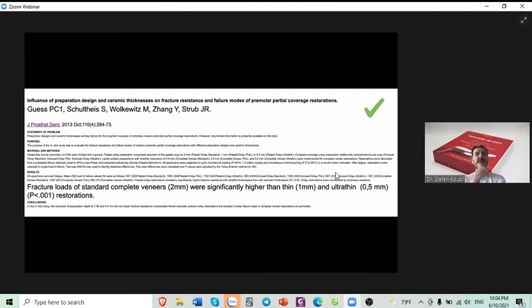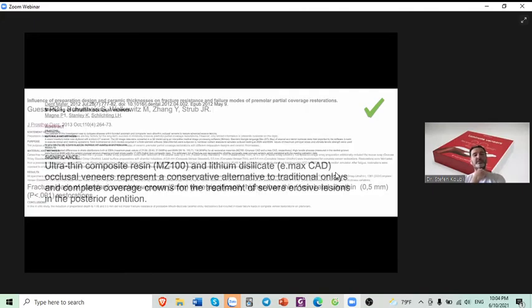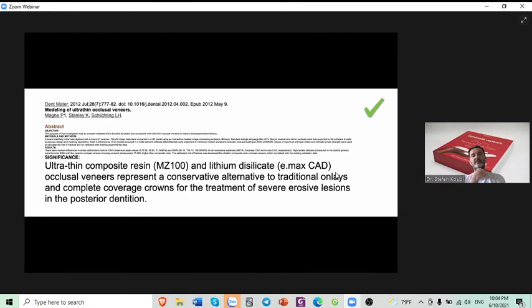And then with this article from Pascal Magne, already a couple of years old, he also showed that these ultra thin occlusal veneers are a very good approach for preserving the initial structure on one side, but also protecting and raising the vertical dimension with this simple tool.